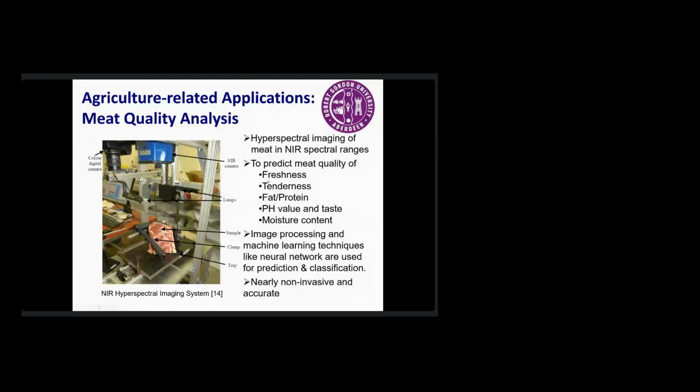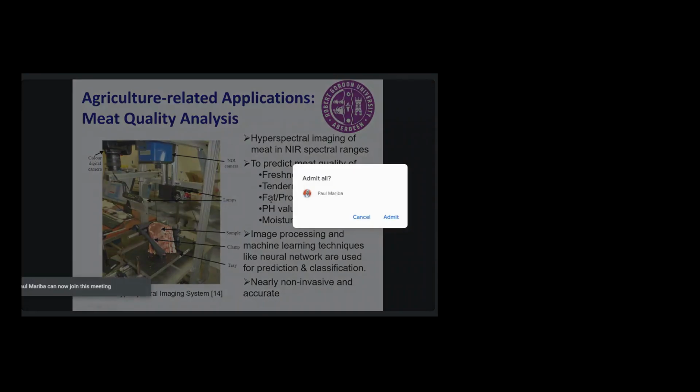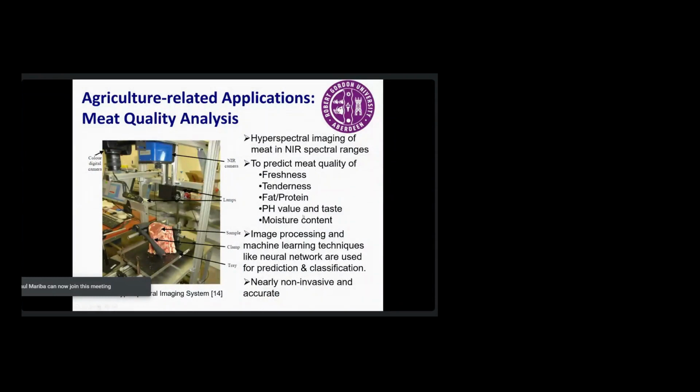We even cook the meat, that includes the lamb, the beef, and the pork, and then try to measure the freshness, the tenderness, the fat, the protein, the pH value, and the taste, as well as the moisture content within the meat samples. We also got a few projects funded by Quality Meat Scotland, and we also published a few papers on that.